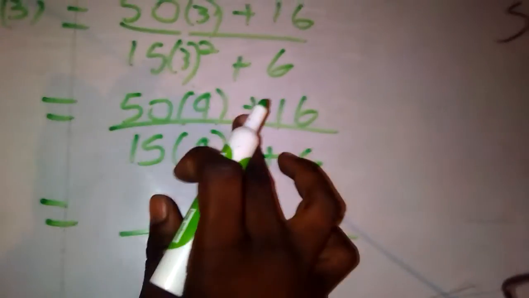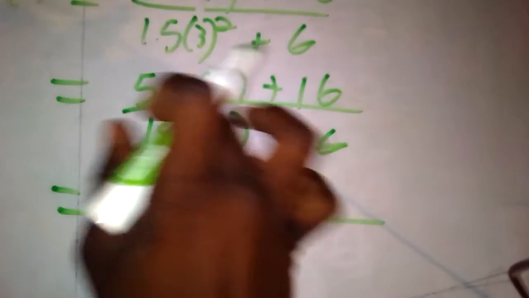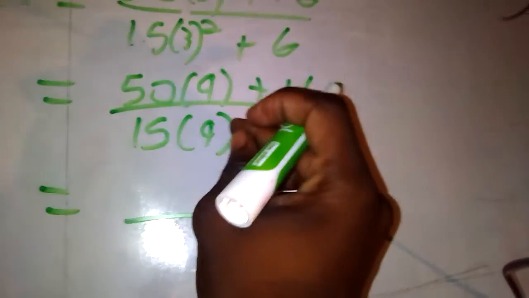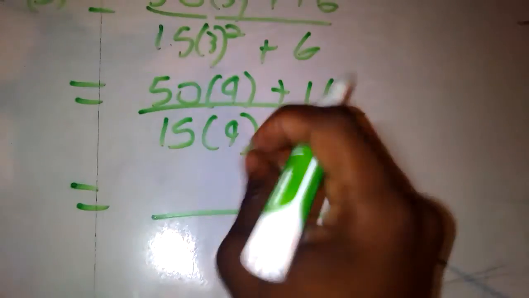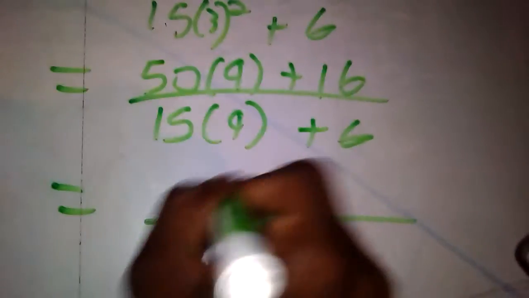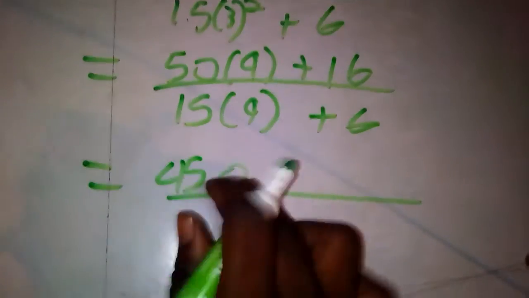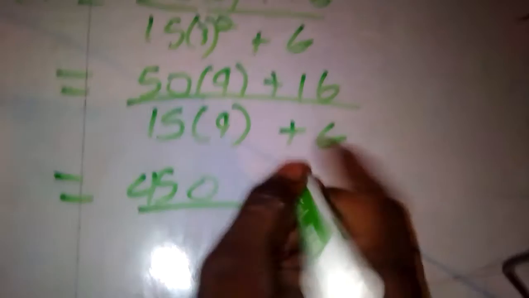So 50 times 9, let's just count it. 9 times 0 is 0, 9 times 5 is 45, so 50 times 9 is 450. Then I put back the plus 16.